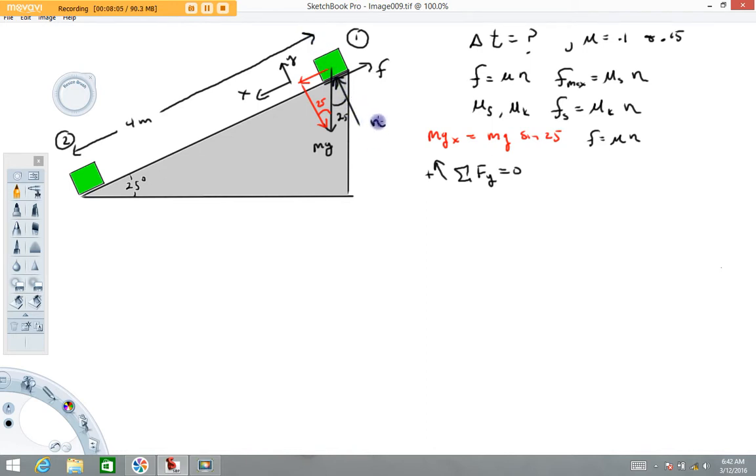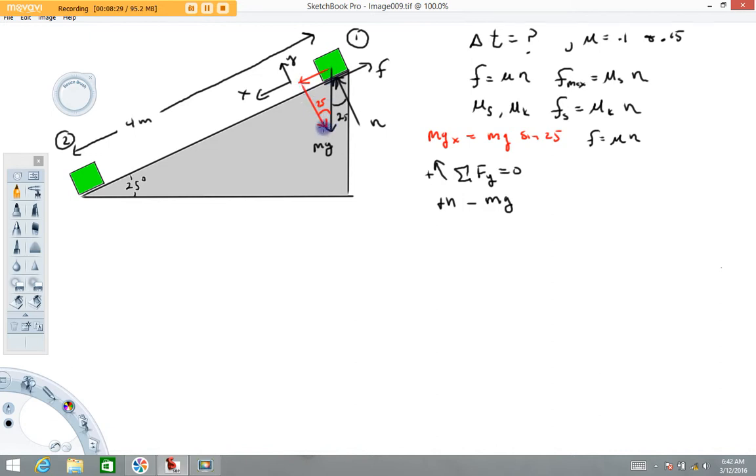So when I look at my free body, I've got the normal acting in that direction, so I'll put plus n. We've got a gravitational force component here, this one, that acts in the y direction. Now, I've got plus y up and left, and this force points down and right, so I'm going to go ahead and put minus mg. Now I want this component of it, the hypotenuse is mg.